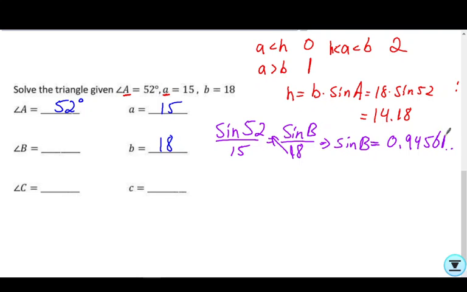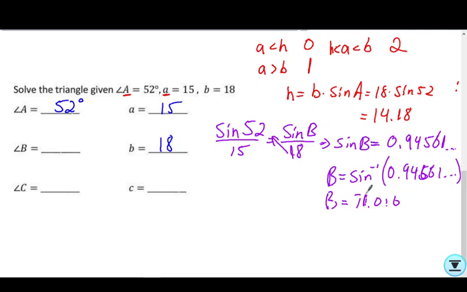Now that's not your angle, that's the sine of B. So to find B, you've got to use your inverse trig function. When you do that, you find that B is 71.016, so basically 71 degrees. So B is 71 degrees.